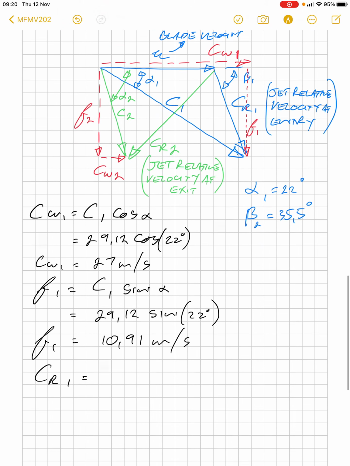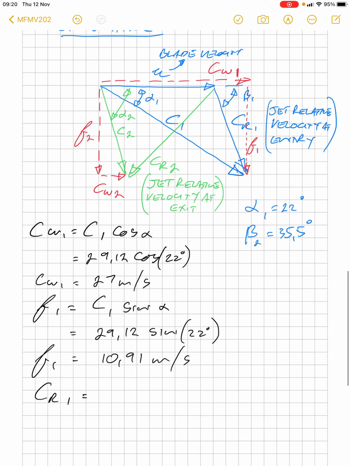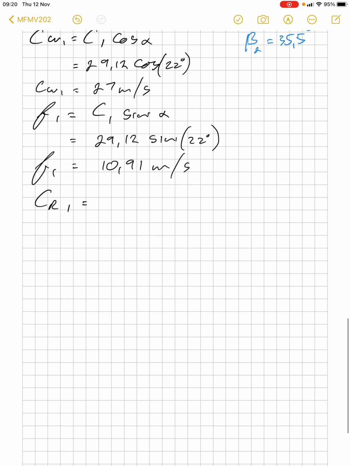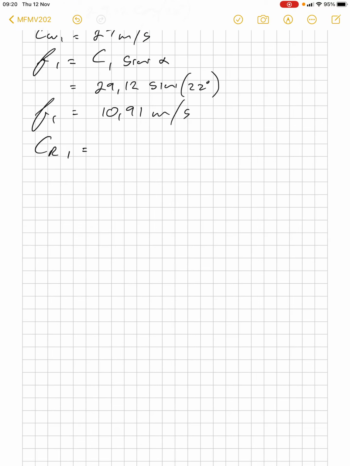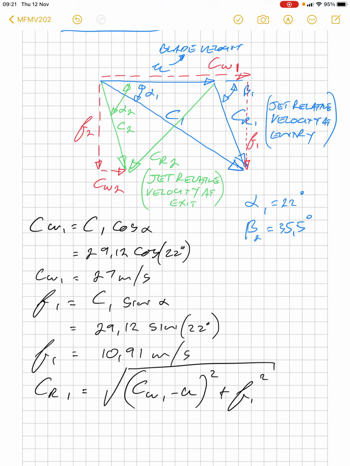CR1, which is the jet relative velocity at entry, is equal to the square root of CW1 minus U squared plus F1 squared. CW1 minus U, you see, that will give us that small portion of the triangle.